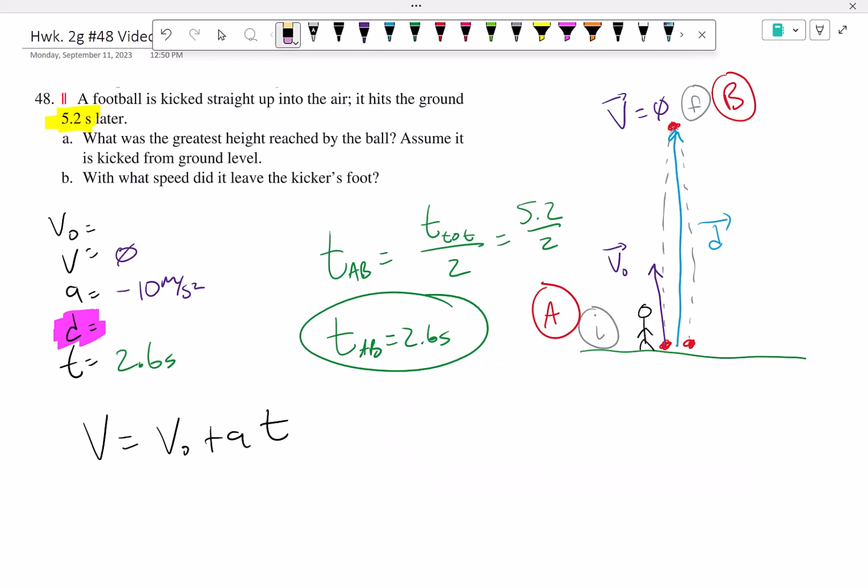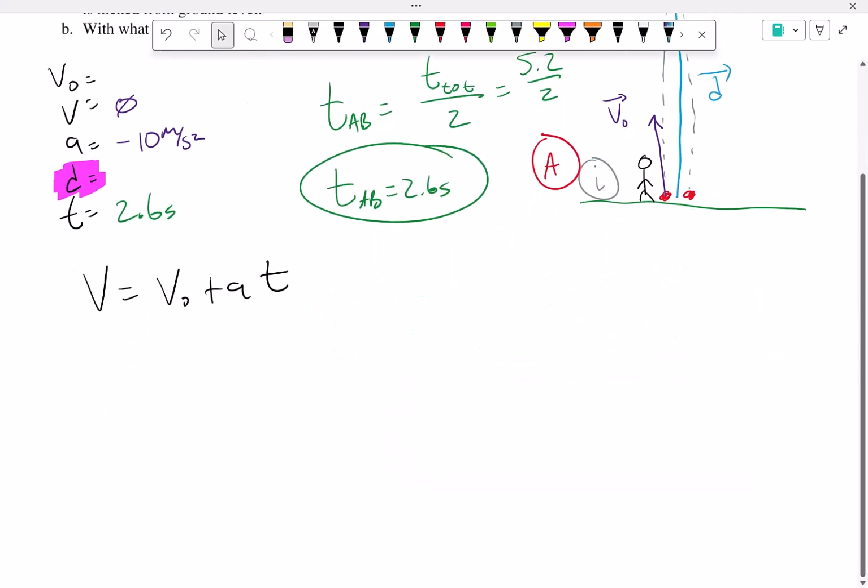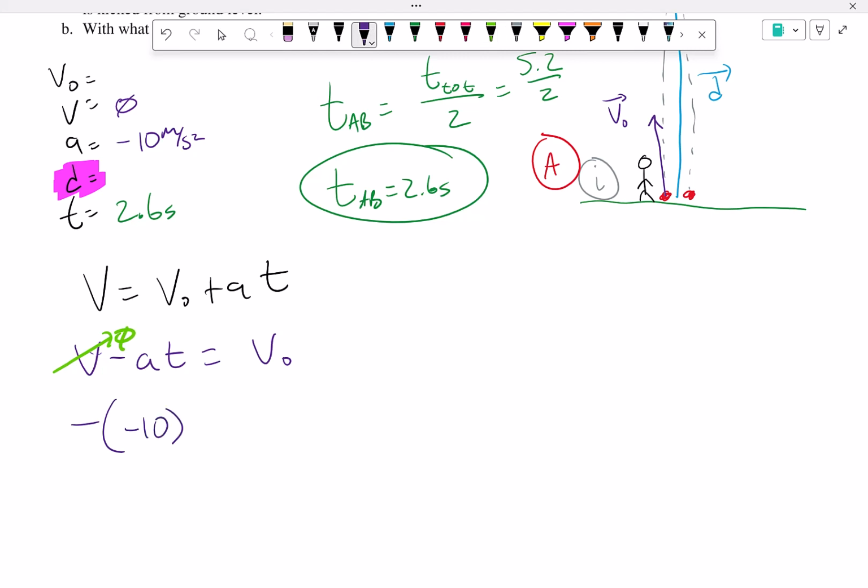So let's isolate V naught first. V minus at. Oh, no, that's it. So my initial velocity is 0 minus my acceleration, negative 10, times the time, which is 2.6. So that gives me an initial velocity of 26 meters per second.